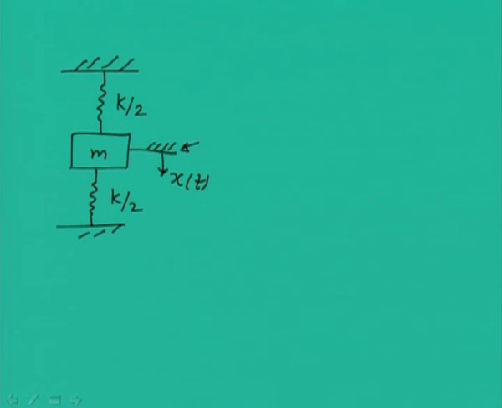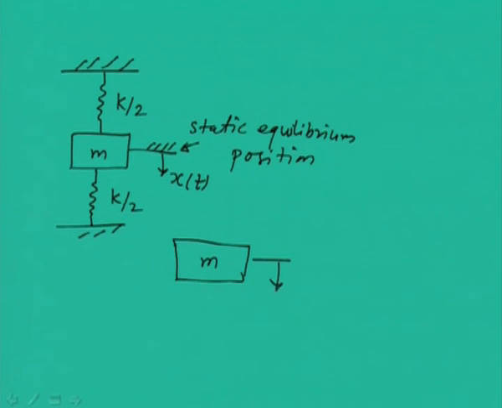We are assuming that this particular position is the static equilibrium position. So if we displace that, we can have the free body diagram of the mass. So this is the displacement which we are giving. You can see that the lower spring will get compressed, so it will give a force upward, and the upper spring will get stretched, so it will give a force again in the upward direction.